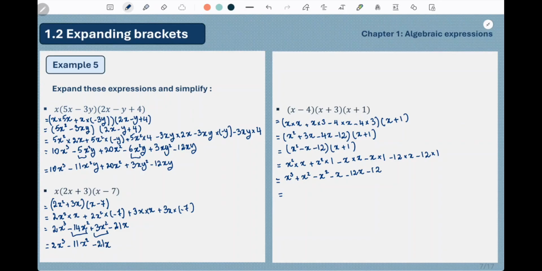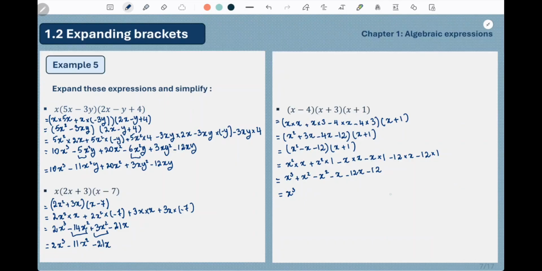So now I'm going to simplify. X to the power 3 exists on its own, so there is no further simplification to be done. Again, here you can see that these are the same but have different signs, so it cancels out. It's just like saying 1 minus 1 is 0.